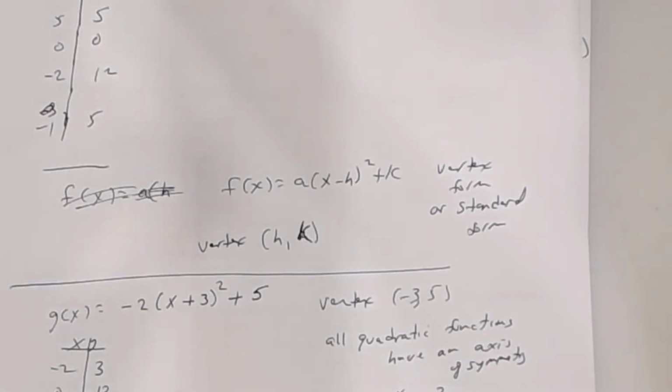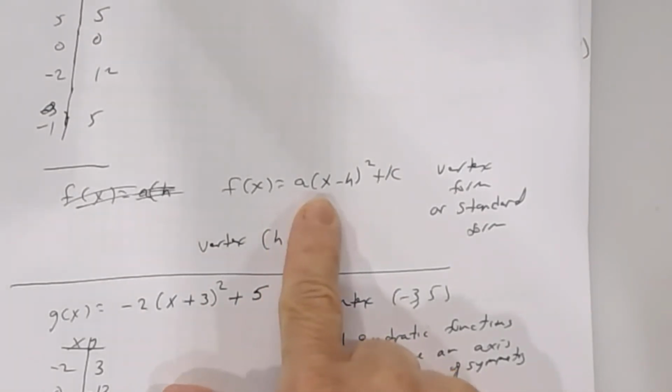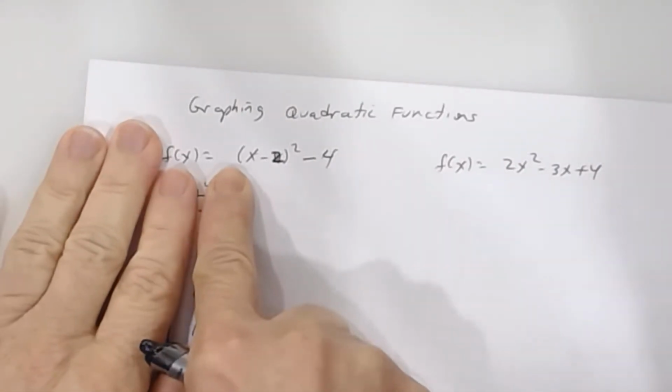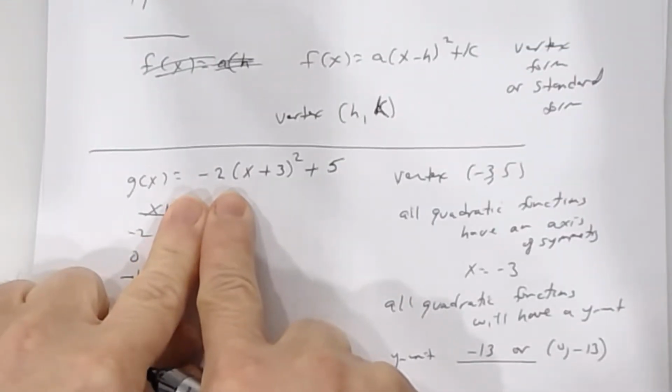The value of A will tell you if it opens up or down. The value of A. The number that's in front of x minus h squared. Over here, what's this number in front of x minus h squared? 1. Over here, what's the number in front of x minus h squared? Negative 2. All right, so listen carefully.